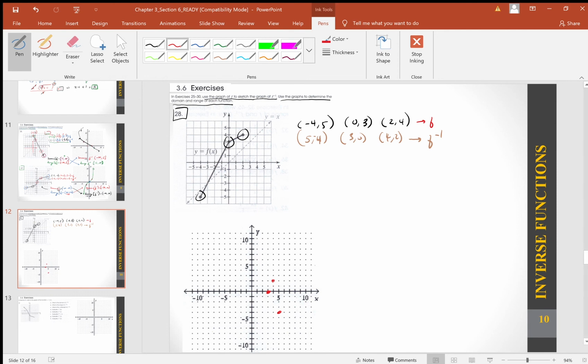And once you draw that, so your domain for your function itself, right? This is my function. This is my inverse function here. And it looks like this.